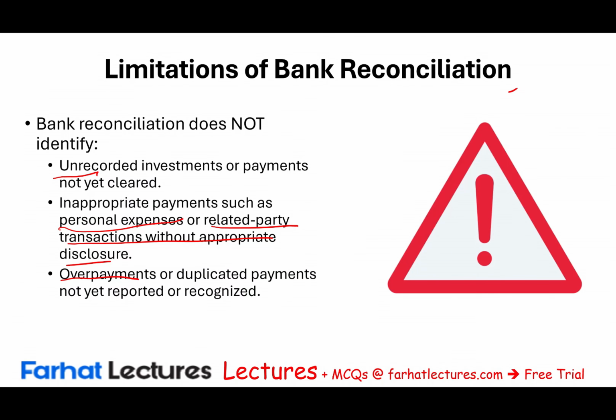It doesn't tell you about duplicate payments not yet reported or recognized, but the software will. You can tell the software, flag any duplicate payments. But with the bank reconciliation, let's assume you have 300 checks for that month, and a few of them are duplicates. Unless they are next to each other and you're physically looking at them, you're going to miss them, because if you're looking at 300 checks, they're going to be all over the place.